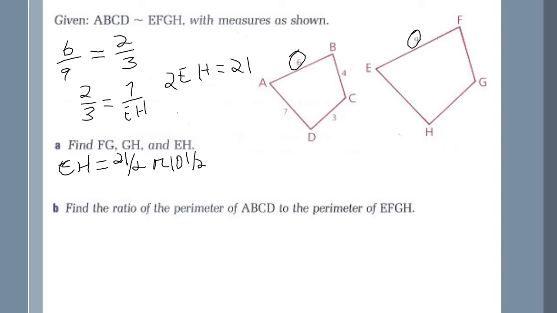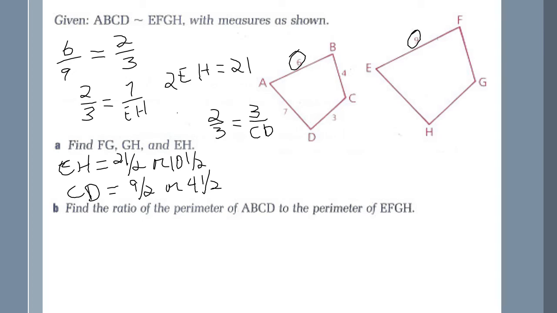Let's do the next one, which would be GH. CD is 3, so 2 over 3 equals 3 over CD. So 9 is equal to 2 CD, so CD would equal 9 halves, or 4 and a half.